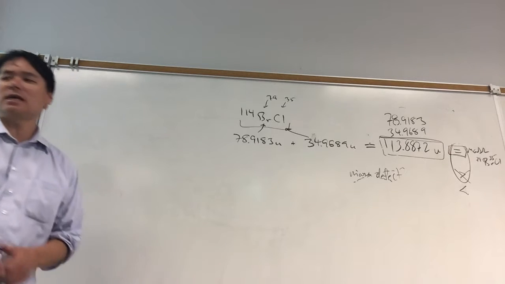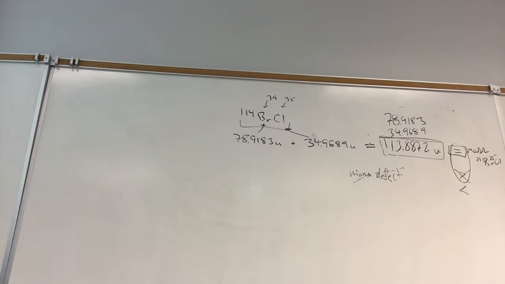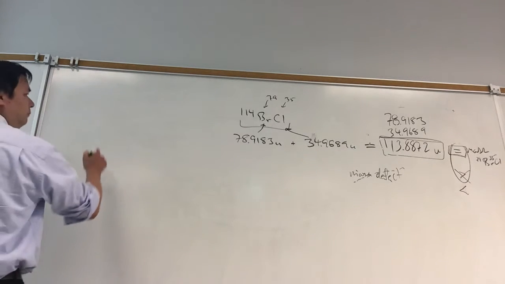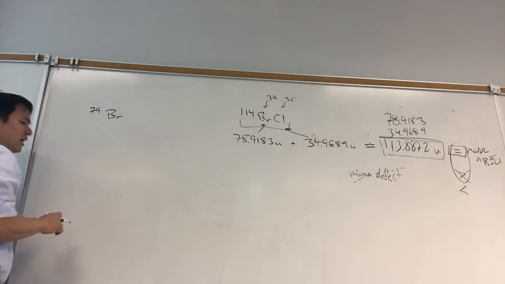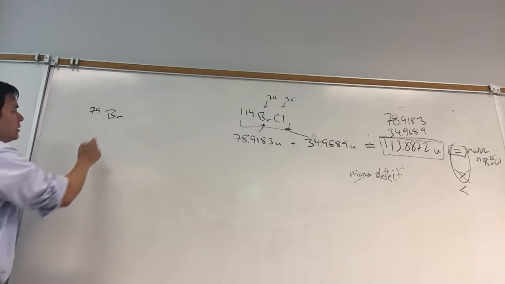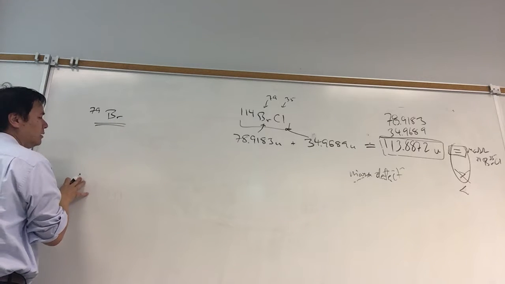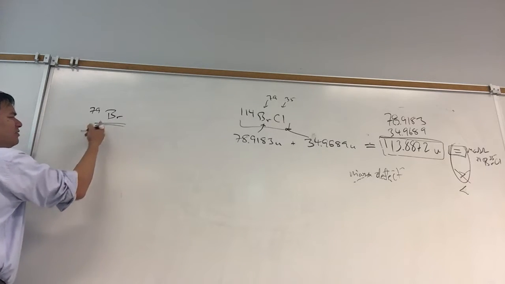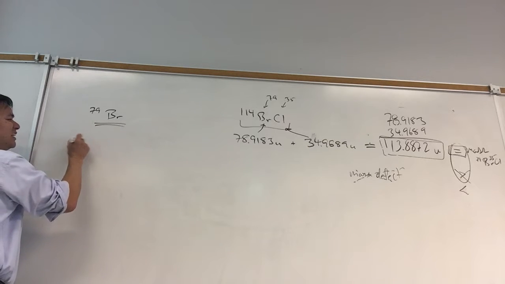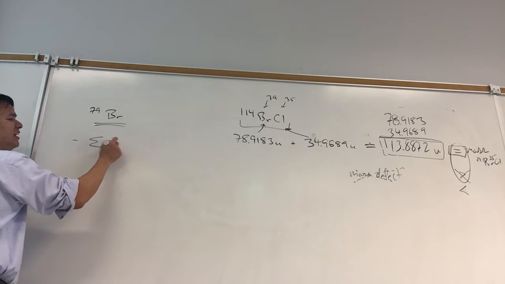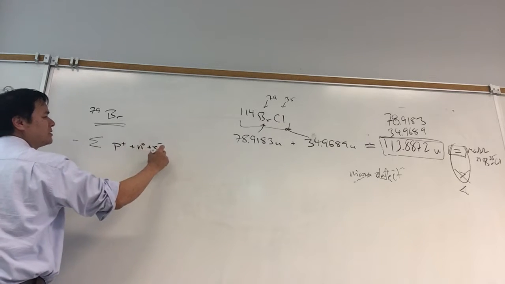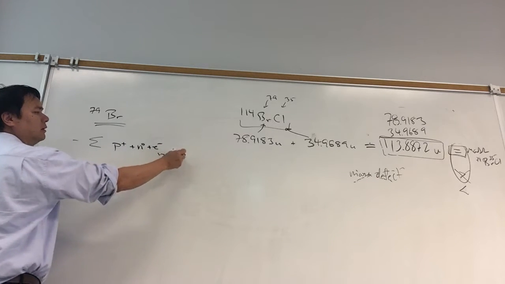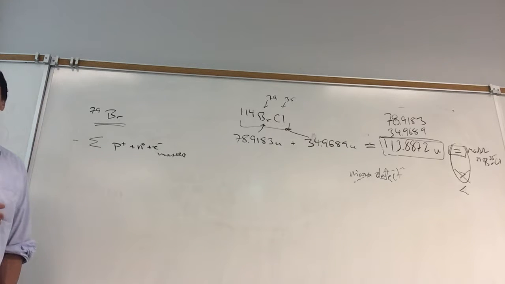And so how precise or how accurate can we get the masses? Well, actually, let me step back a couple of steps. If I want the mass of bromine 79, can I just add up the protons plus the neutrons plus the electron masses?